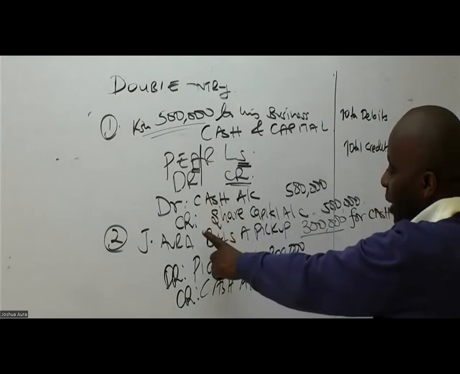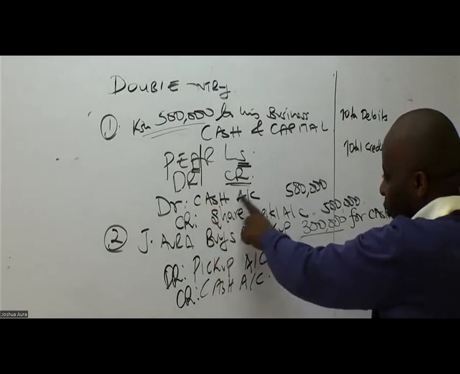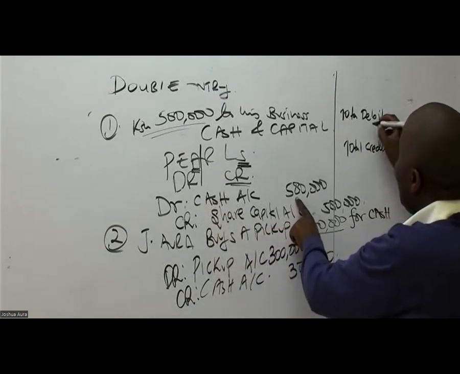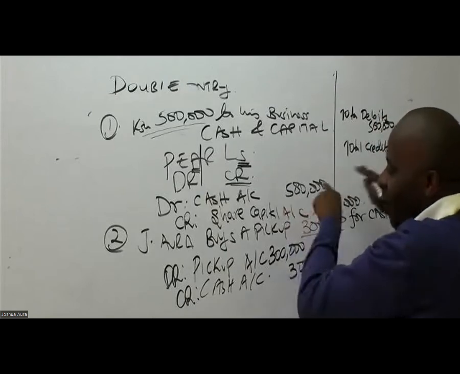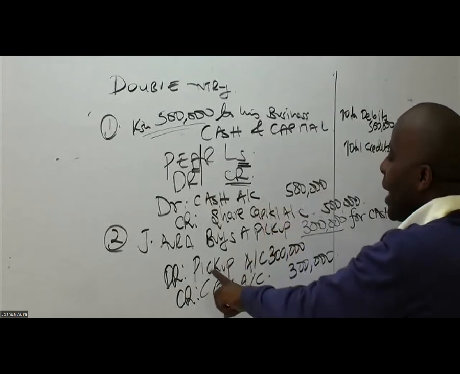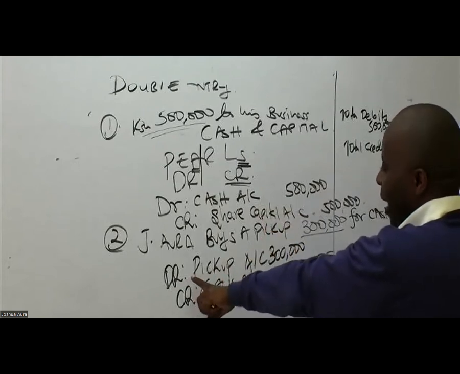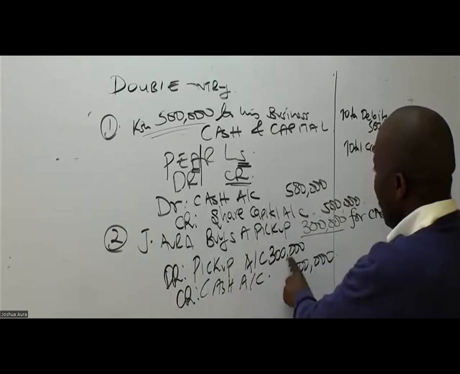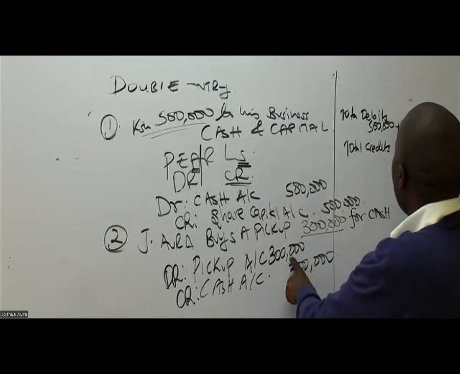I have a debit of cash of 500,000. Of course, I'll be doing my ledgers and getting the balances. But again, I can see another debit of pickup of 300,000. How about credits?